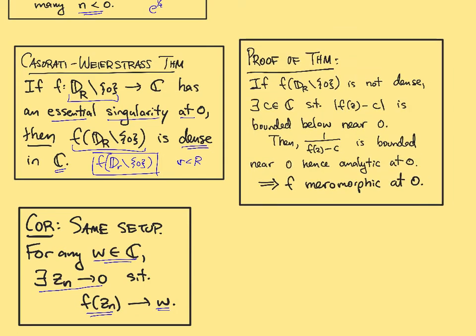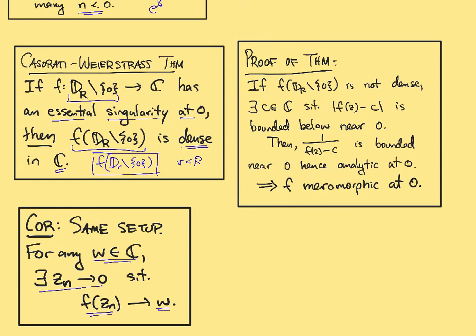Okay, so if the image of f on the punctured disk is not dense, that means there's some point that we cannot approximate with values in the range. So there'll exist a point c in the complex plane such that f of z minus c is bounded below near 0, because I cannot approximate c arbitrarily closely.